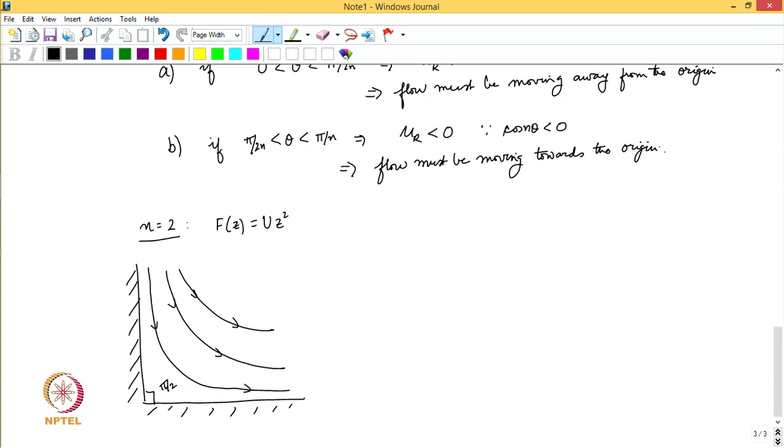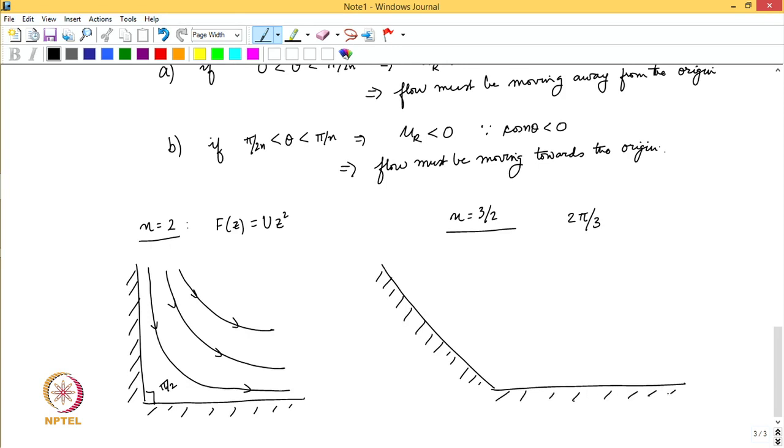If you want to go one step further, as I said, n need not be an integer, it could even be a non-integer. What if n is, for instance, 3 by 2? So, that would mean that the sector angle would be now not pi by 2, but it would rather be pi by 3 by 2. So, that becomes 2 pi by 3, right. So, that would be something like, you can imagine now it would be flow in a sector of this type where it approaches the origin and then it turns around.